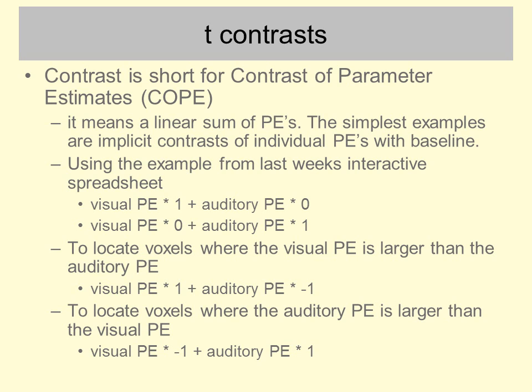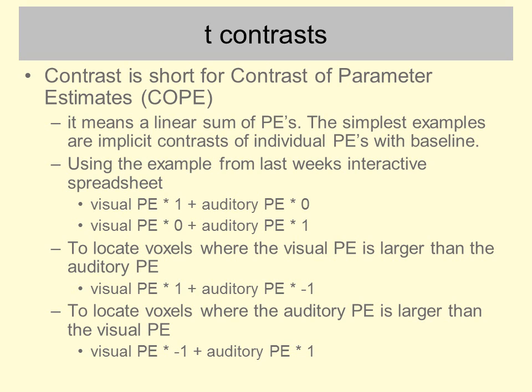We talked about some of those in the earlier slides, when we contrasted implicitly some of our individual parameter estimates with baseline to ask if a particular voxel was more active than baseline in a particular condition.